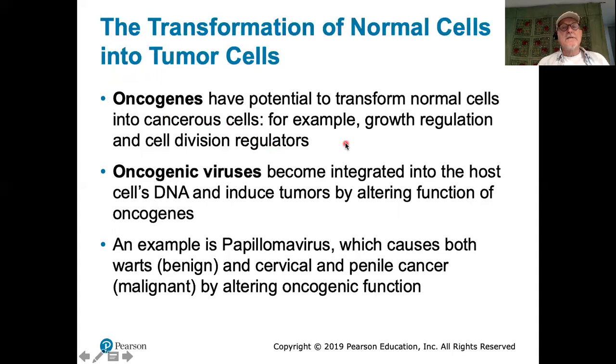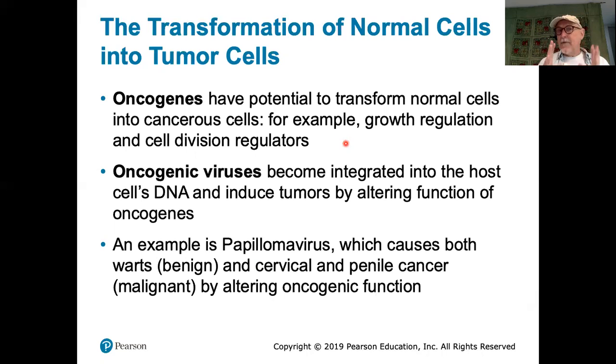The oncogenes are those genes which have the potential to produce a cancerous or tumorous situation if their function is altered. I'll give you an example. Cell division is very, very carefully regulated by numerous mechanisms. Cells only divide at certain very specific times.